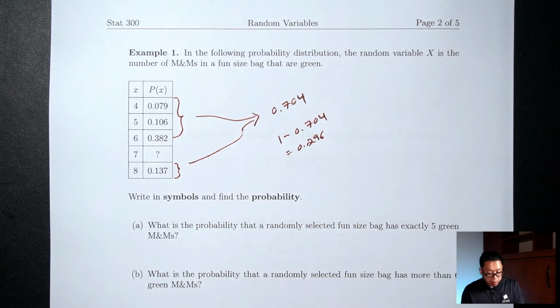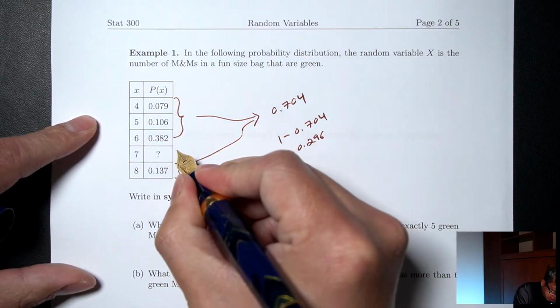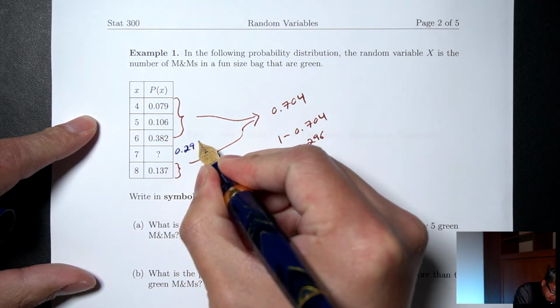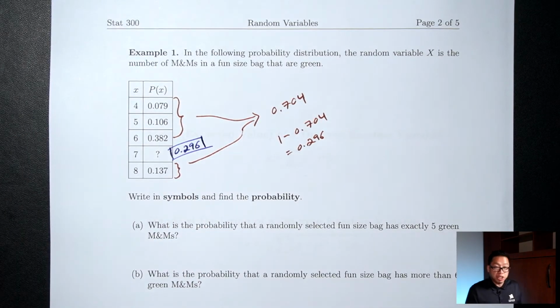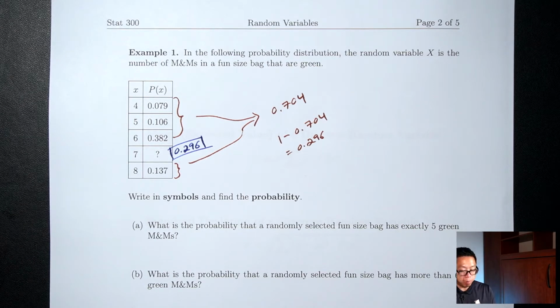So that missing probability is going to be 0.296. And let's check. Add up all these probabilities, make sure it's equal to 1. 0.079 plus 0.106 plus 0.382 plus 0.296 plus 0.137. And it is 1. So we're good.